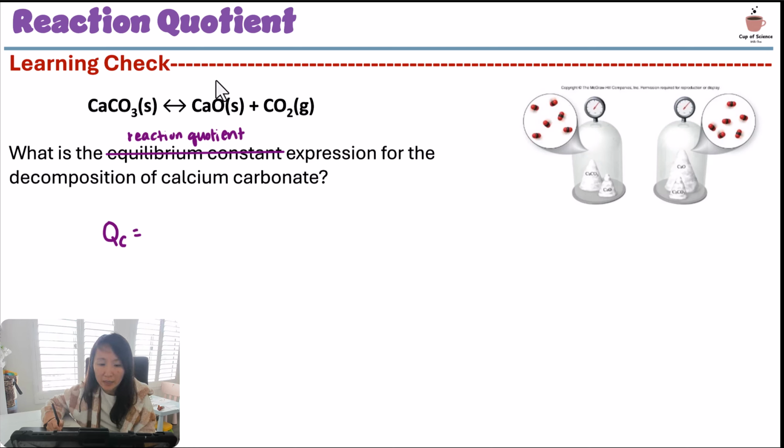On the product side, we just have the carbon dioxide gas as the product, which incorporates into the reaction quotient, not the calcium oxide since it's solid. What about the reactant? This is also solid, so we don't put that there. So Qc is actually equal to the concentration of the carbon dioxide, and since these are all a 1-to-1 ratio in terms of the balanced equation, we just leave it as is.